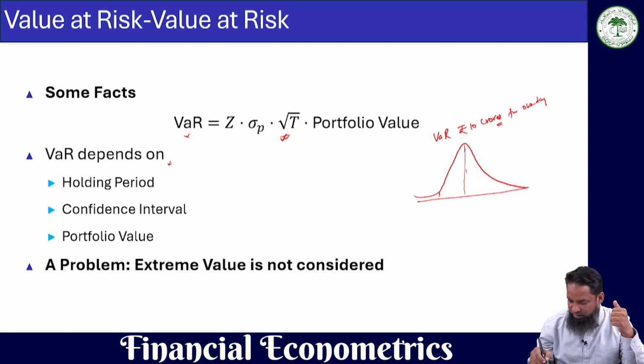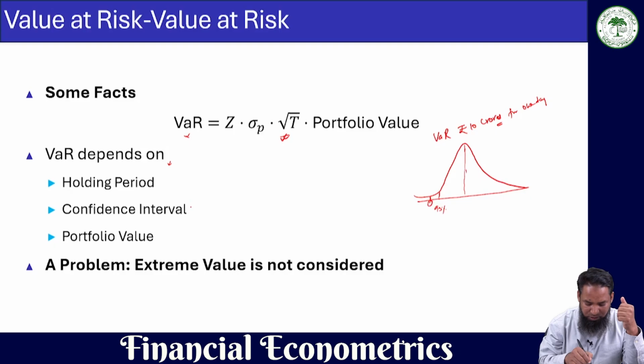So, if let us say it is 95%, and then we change it to, let's say, 99%, here the value will change. Therefore, if the confidence interval changes, the value at risk will also change.